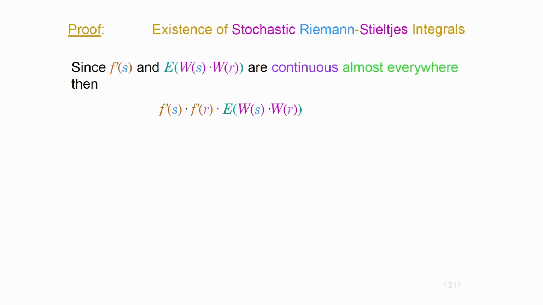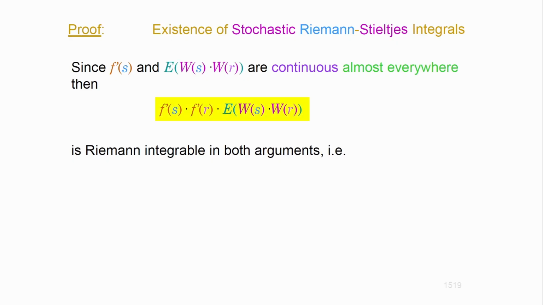So this function that you're seeing right there is going to be continuous almost everywhere with respect to both arguments, with respect to s and with respect to r. Now, keep in mind, guys, this is equal to the minimum of s and r. That is just the minimum of s and r, and that's it.